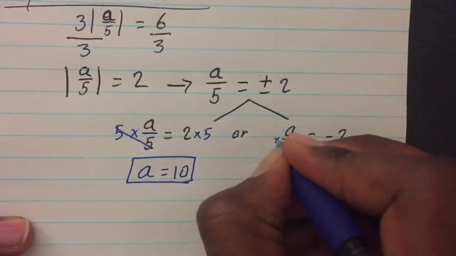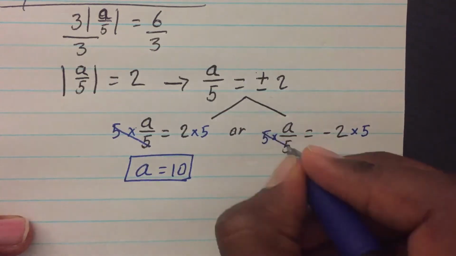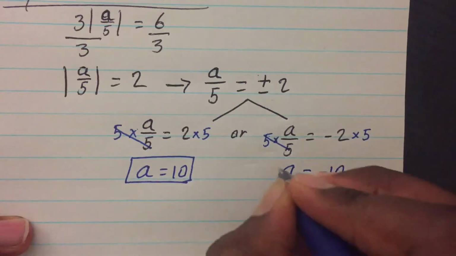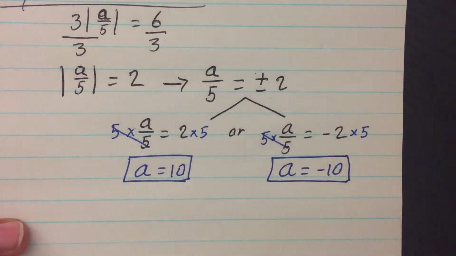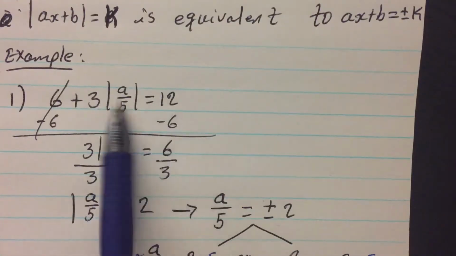And then over here, multiply by 5 and times 5. The 5's cancel. a equals negative 10. So your a value needs to be positive 10 and negative 10 in order to satisfy this condition.